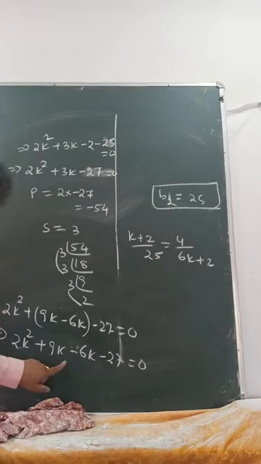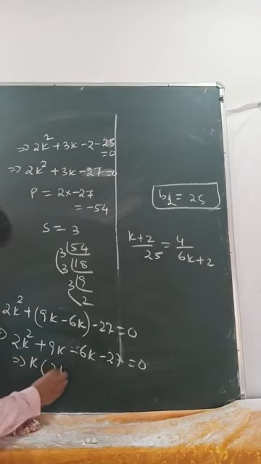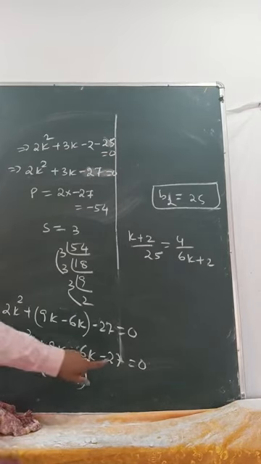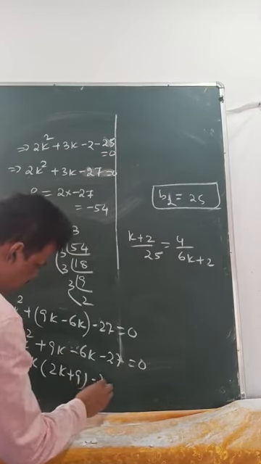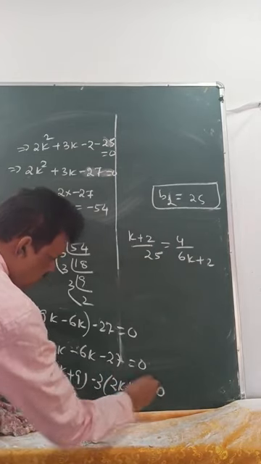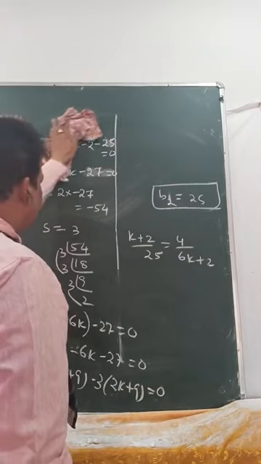What is common here? k is common: k(2k + 9). Here 3 is common, minus 3 common: -3(2k + 9) equals 0. Okay, then solve it again.